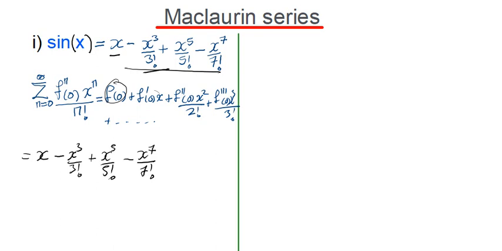Okay, so now the idea is this. We are going to get the function that we have, sine x. Here on the first one, this series that I have, I'm going to write it as if I don't know the coefficients, so I'm going to have a1x minus a2x to the third plus a3x to the fifth, minus a4x to the seventh, like that.